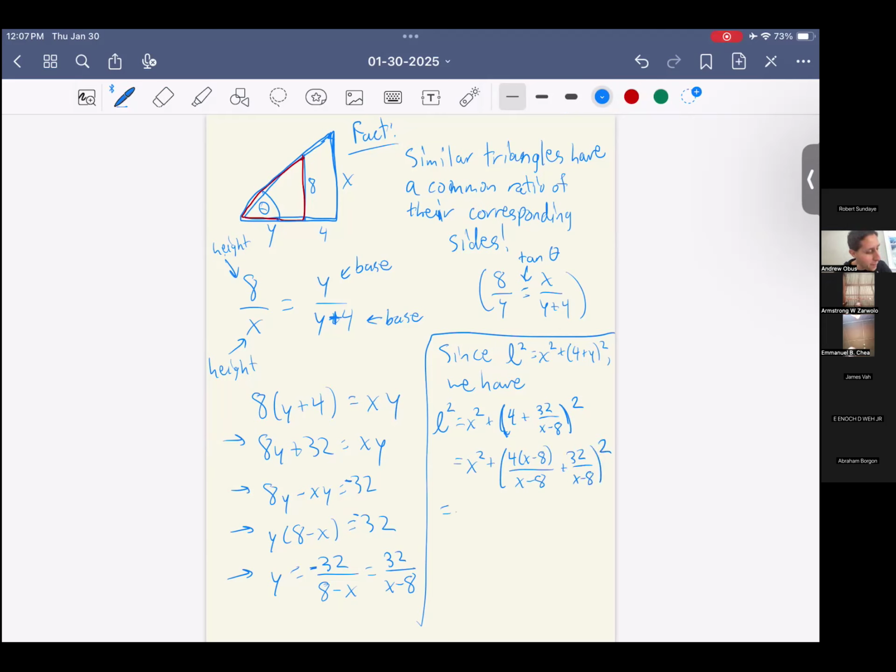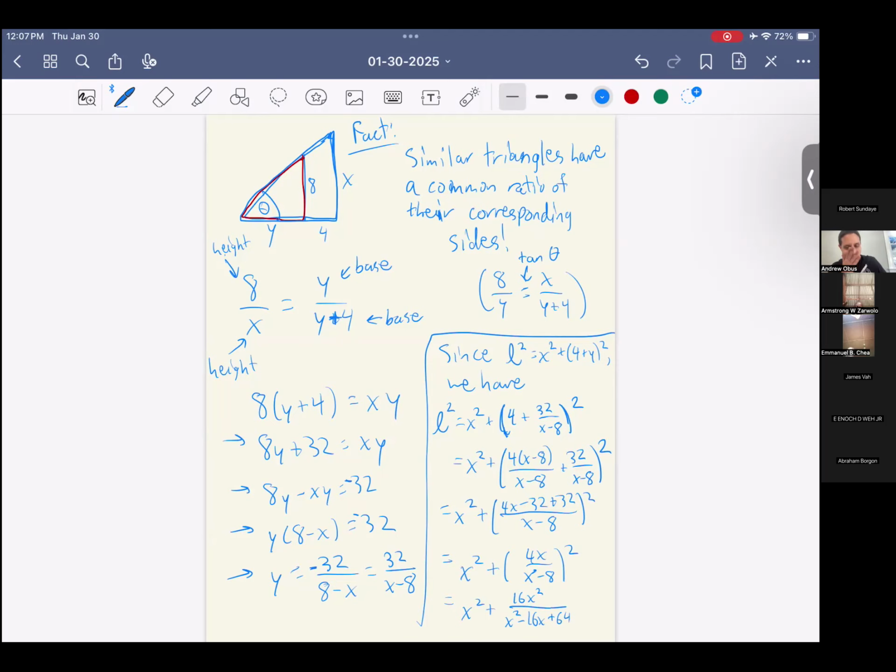And then when I combine these, this becomes 4x minus 32 plus 32 over x minus 8 squared. And so that's actually a bit nicer. So it's x squared plus 4x over x minus 8 squared. Or in other words, that's x squared plus 16x squared divided by x squared minus 16x plus 64.